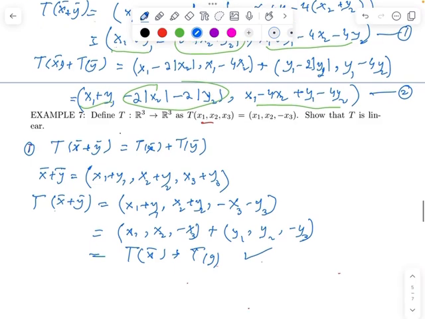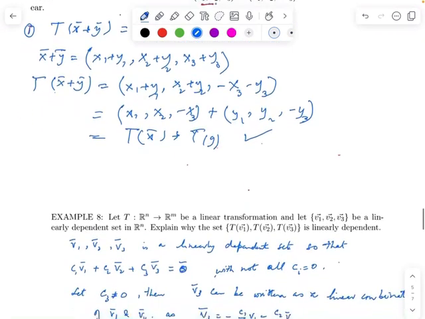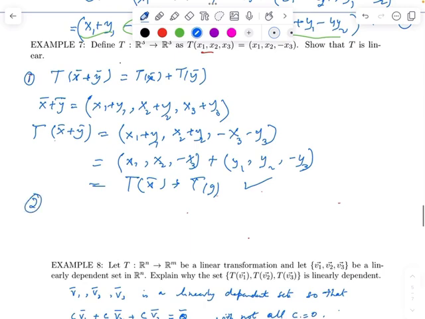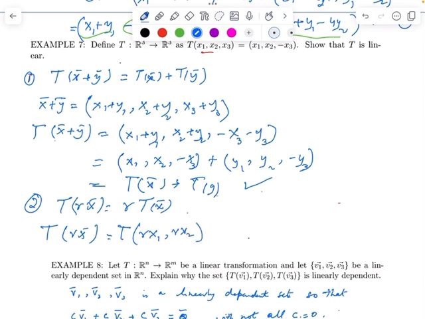Now let us look at the second condition, which is that T of rx should be equal to r T of x. So we start with T of rx. So this will be the vector with components rx1, rx2, and rx3, the third component.